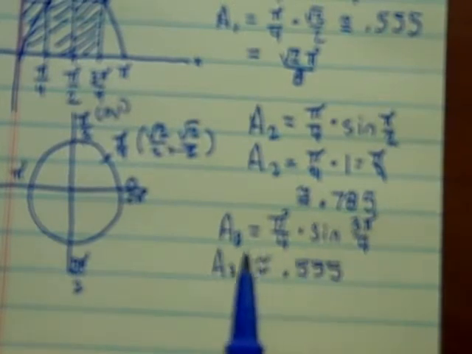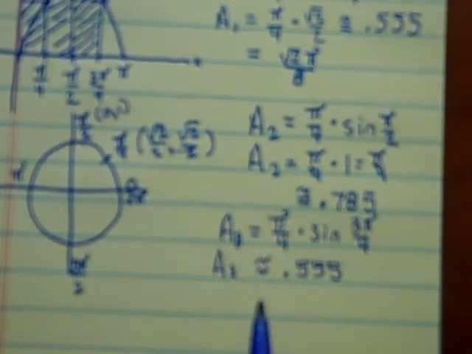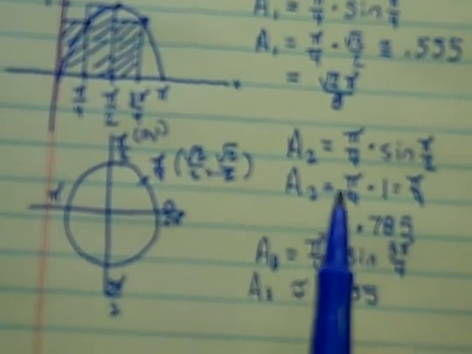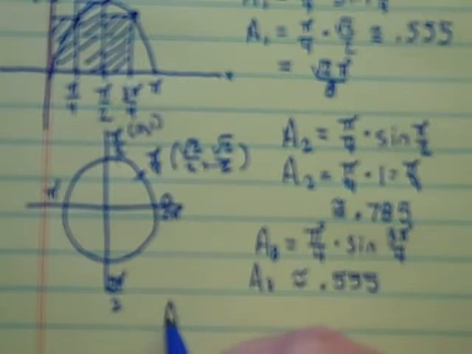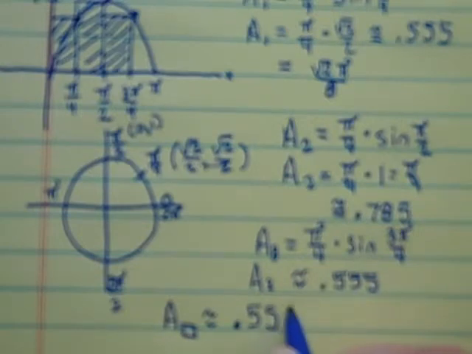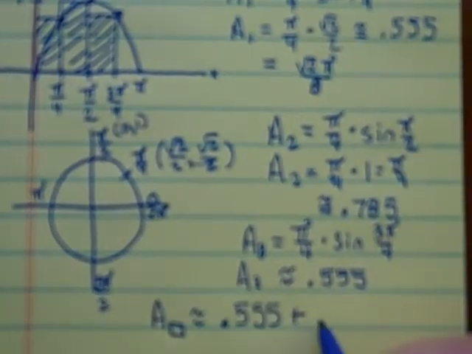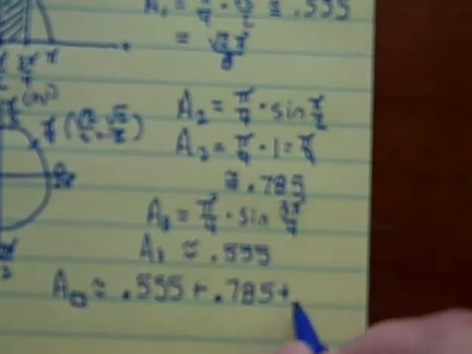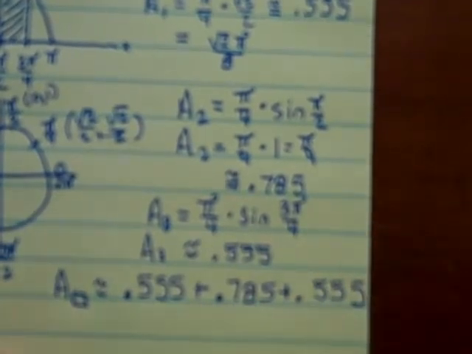Okay, now to get the approximate area that you see here, all I do is add up those 3 areas. So the approximate area is, from the first rectangle, 0.555, plus from the second rectangle, 0.785, plus from the third rectangle, 0.555.